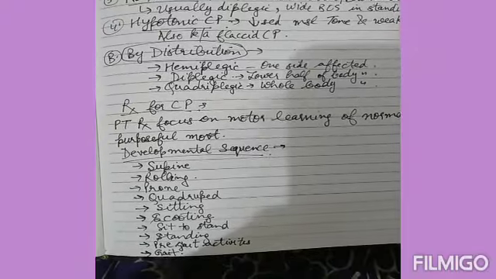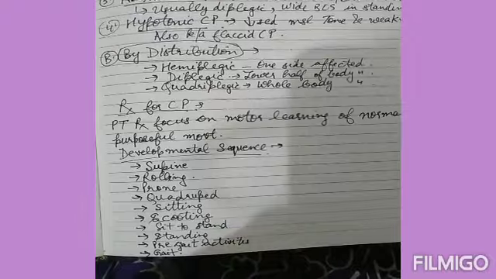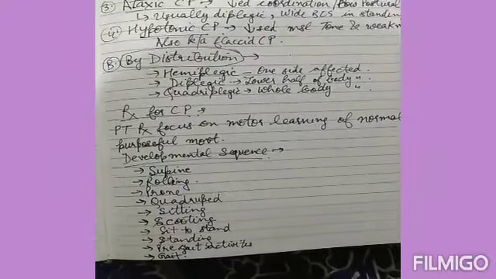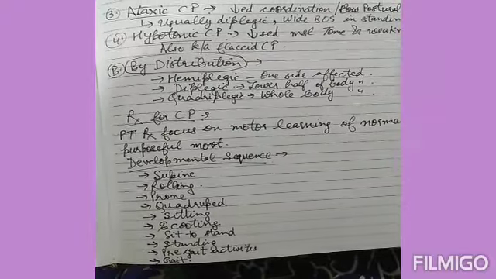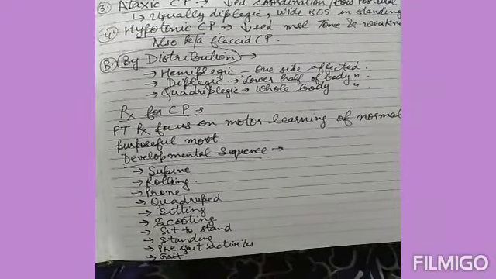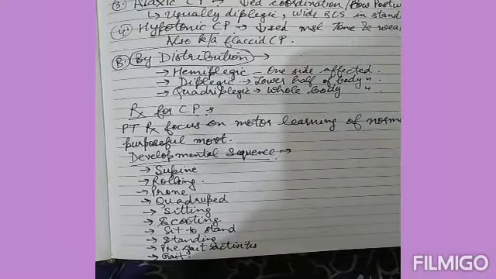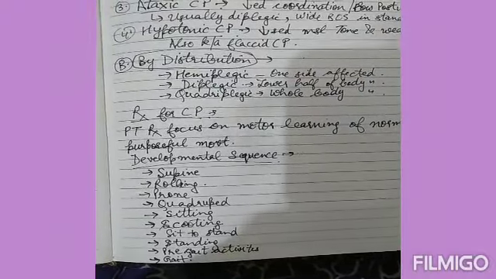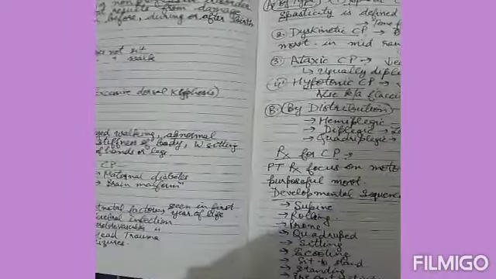We try to achieve these sequences by focusing on neurodevelopmental therapy, or by training the motor learning process. Following sit to stand, we can go for standing, pre-gait activities, and finally we concentrate on gait activities. So this is all about cerebral palsy.